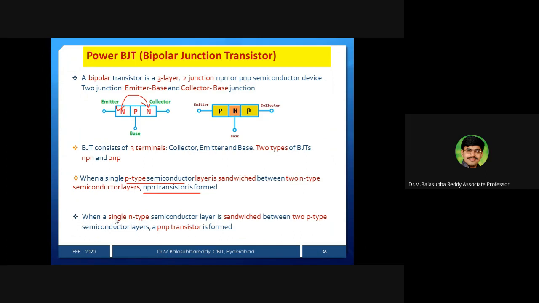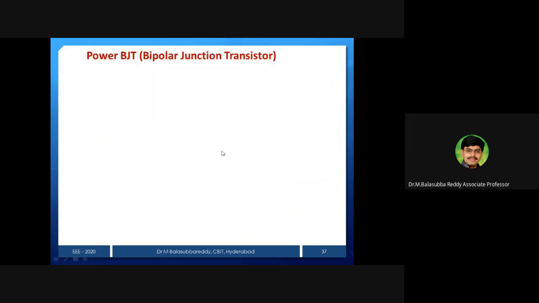In a similar fashion, when a single n-type semiconductor layer is sandwiched between two p-type semiconductor layers, that becomes a PNP transistor. So between two n-type layers, if we sandwich the p, it forms an NPN, and otherwise it is a PNP transistor.